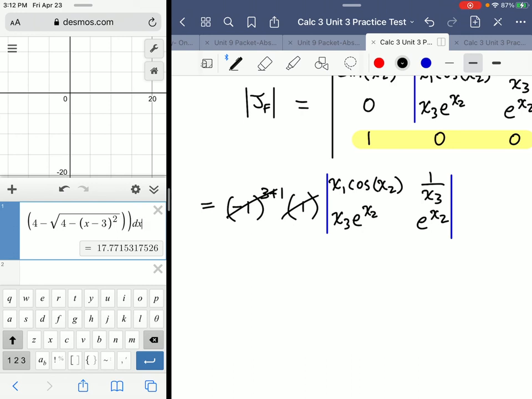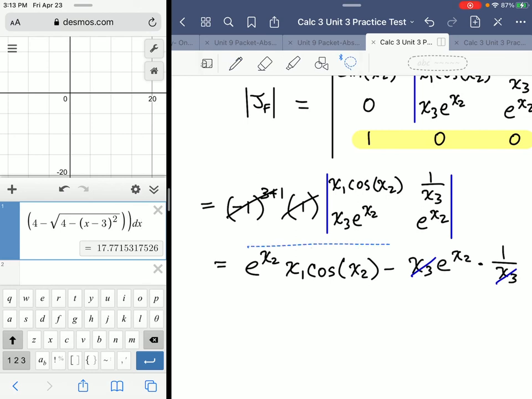So diagonal down, e to the x sub 2 times x sub 1 cosine x sub 2, minus diagonal up, x sub 3 e to the x sub 2 times 1 over x sub 3. So cancel here, cancel there, and everywhere.